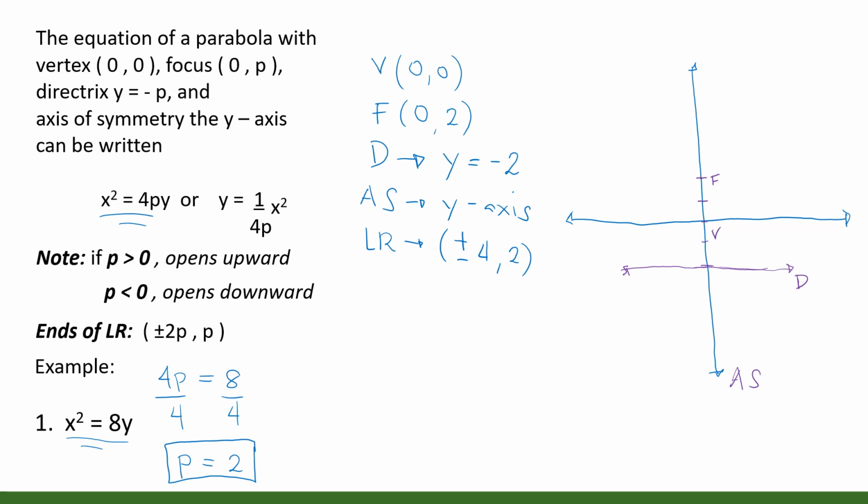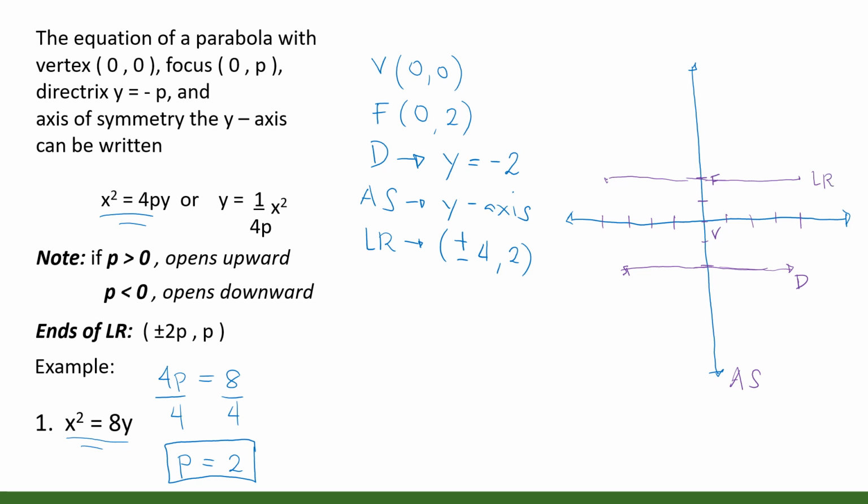And the ends of the latus rectum are plus or minus 4, 2. From the origin, we move 1, 2, 3, 4 units. Assuming this is equidistant, then we go up two to get positive 4, 2. And to the left, we have 1, 2, 3, 4, then up two to get negative 4, 2. Connecting these points, passing through the focus, this is our latus rectum.